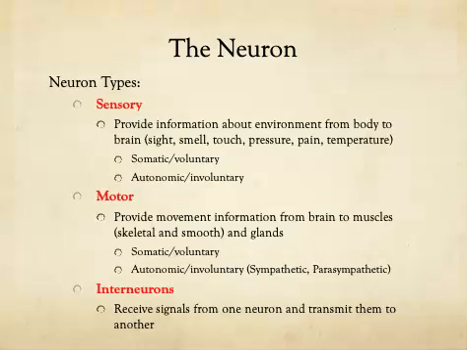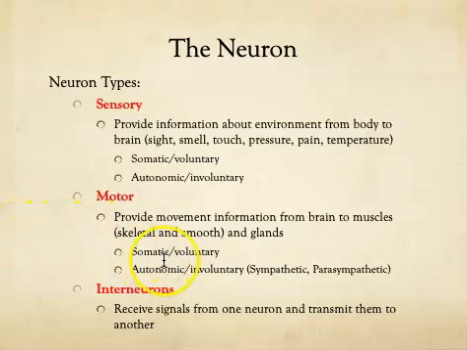Now, motor neurons are taking information from the central nervous system and carrying it out to the periphery, to the body, to the responding tissues. The central nervous system integrates all of the sensory information coming in, and sends out commands along the motor nerves.